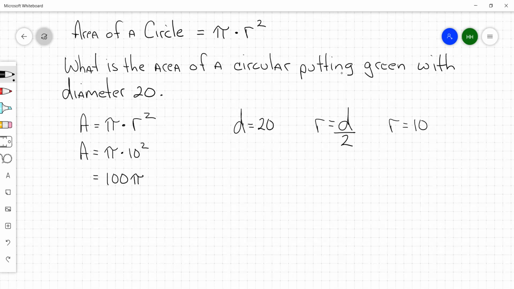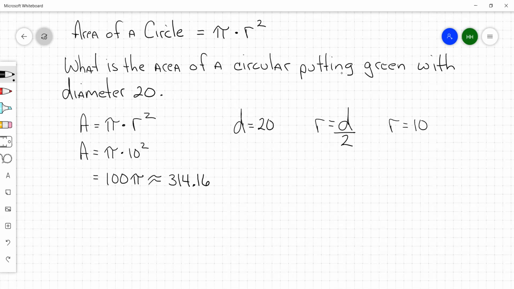So that's one way. That's the first way I want you to leave your answer. That's called in terms of pi. And then we're going to leave an approximation answer. So you take 100 times, you push the pi button on your calculator and you hit equals. And that gives you 314.16.